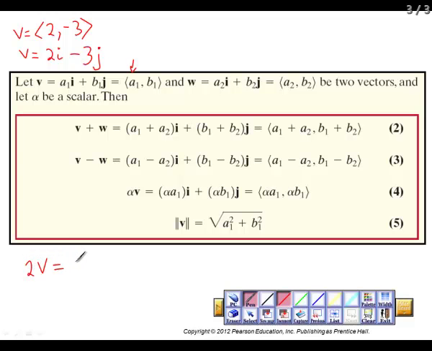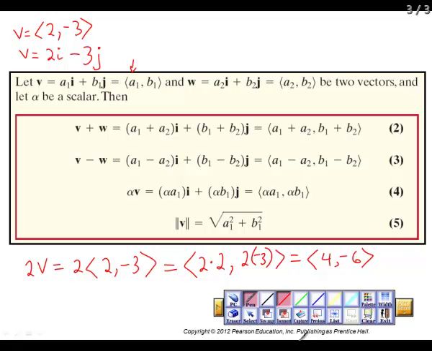So basically all you're doing is taking 2 times 2 comma negative 3. That would be 2 times 2, which is 4, and then 2 times negative 3, which is negative 6. So we end up with 4 comma negative 6. And that's what this is about.